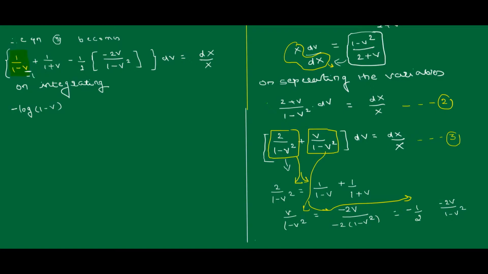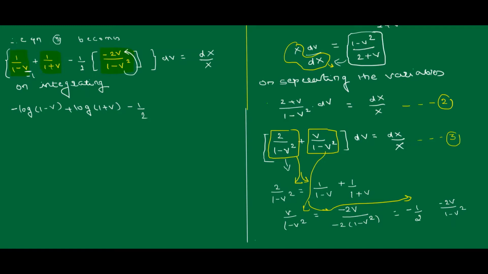So therefore we have minus log 1 minus v. Next, what is the integration of the second term, 1 divided by 1 plus v? That is plus logarithm of 1 plus v. And next, minus 1 by 2 as it is. What is integration of minus 2v divided by 1 minus v square? Integration of minus 2v divided by 1 minus v square means minus v square, differentiation is minus 2v.